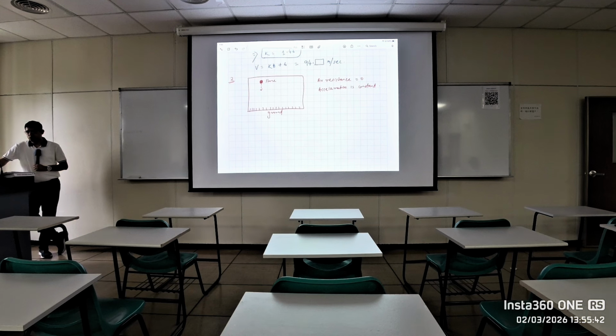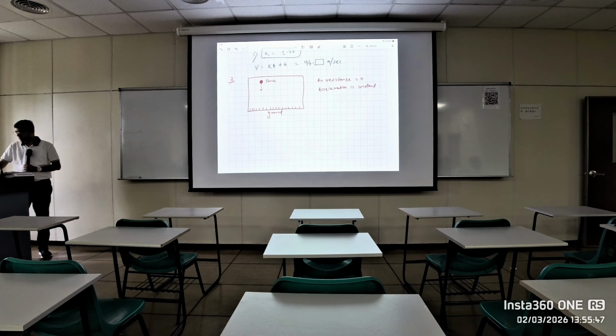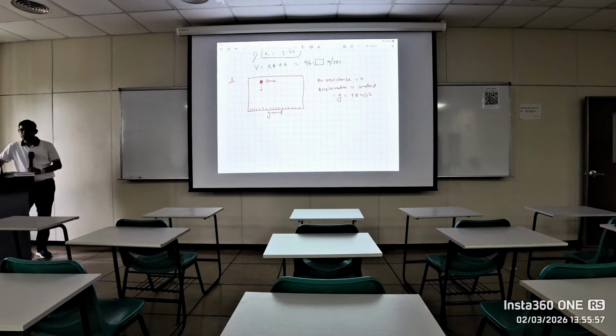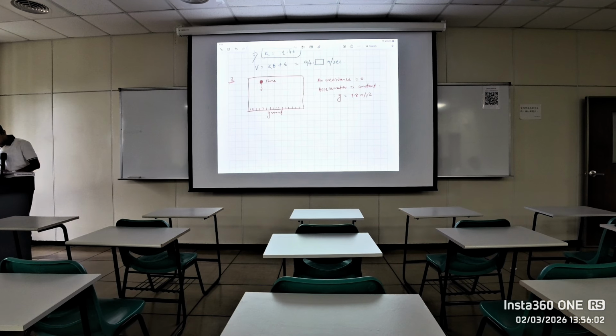When I drop the stone, what is the acceleration? 9.8. Yeah, gravity. So that is constant, which means we can say this is nothing but g, 9.8 meter per second square. Okay. So this constant is given.